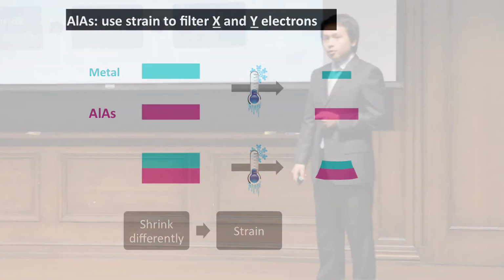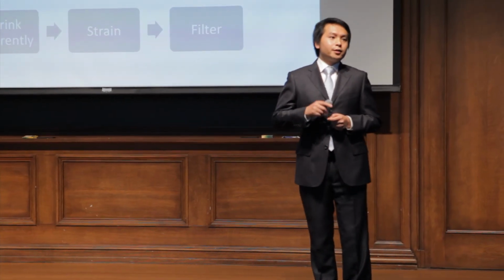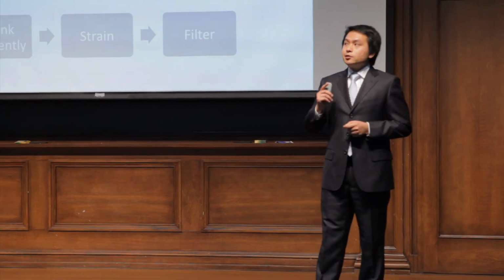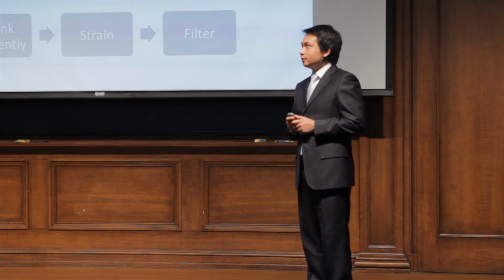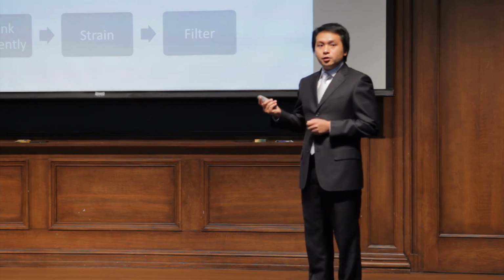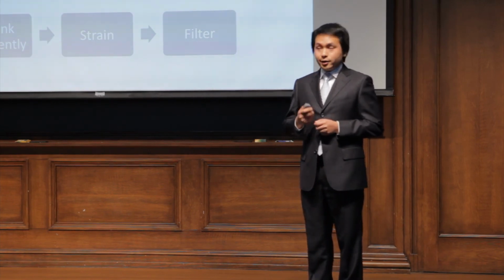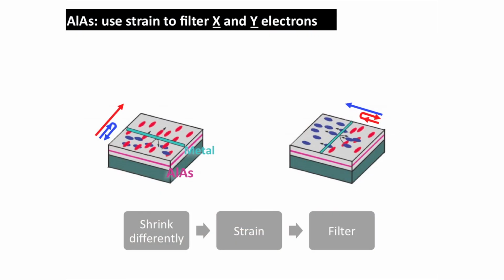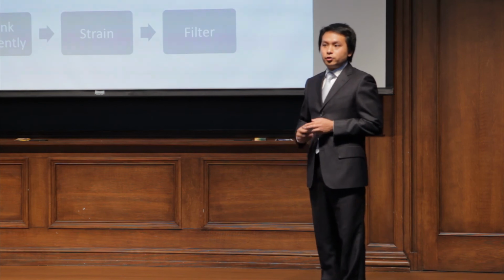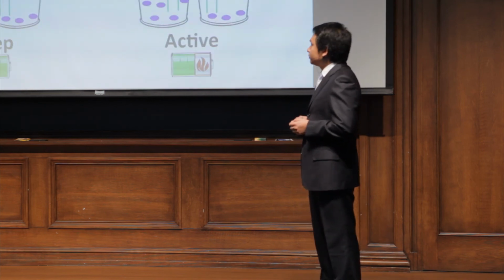As a result, if we carefully design the composition of metal, the orientation of the metal film, and the structure of aluminum arsenide, we can use strain to filter X and Y electrons. As shown here, a mix of X and Y electrons enters, but only one type of electron can get through. And these are the filters we need in order to block the leakage current.